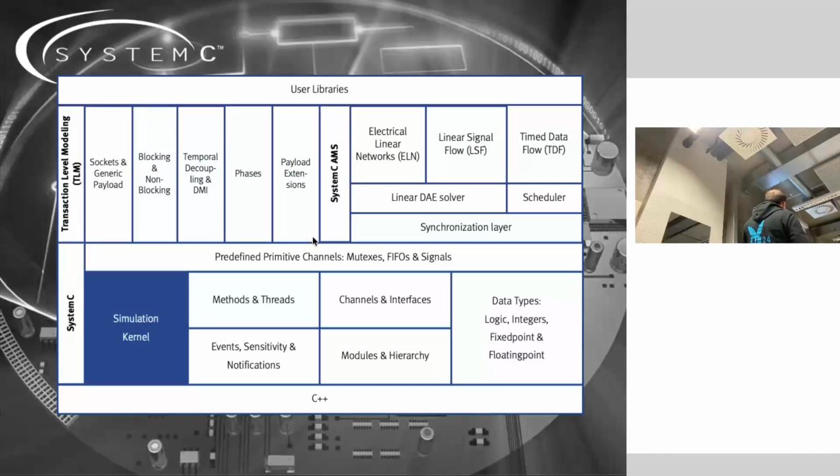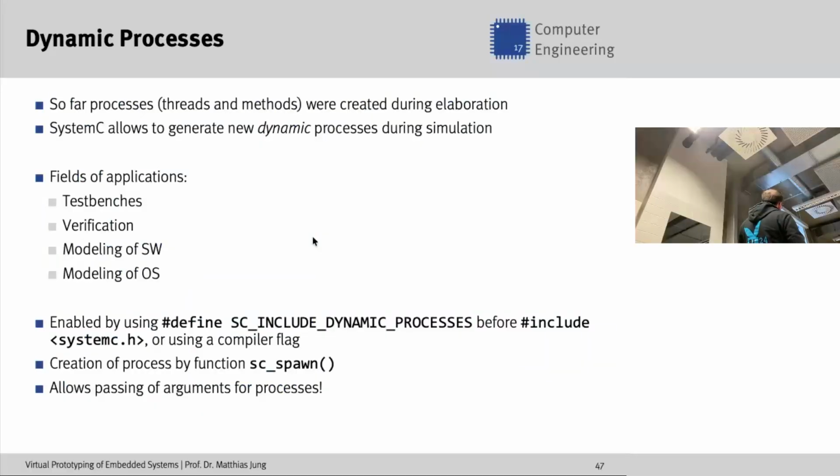Okay, so let's have a quick look again into the SystemC kernel. So far, all the processes and methods are basically created during elaboration. So what you write down, it's again static. In your code, during compile time, you specify, I want to have this many methods and this many threads.